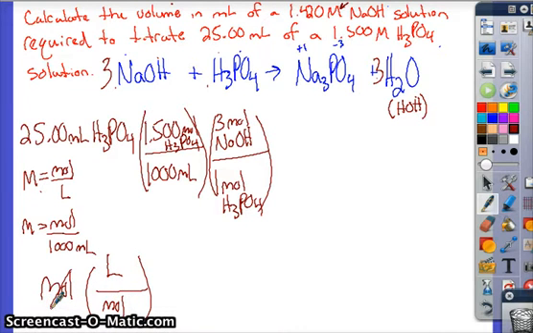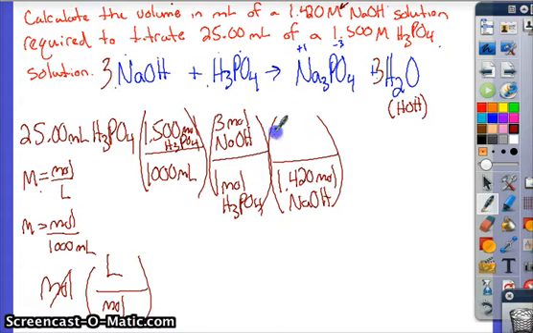So we can take our molarity for our sodium hydroxide, place the 1.420 moles of NaOH on the bottom, the 1,000 milliliters. I'm choosing to use milliliters because the problem's asking for milliliters. If it wasn't asking for milliliters, you could leave the top as 1 liter as opposed to 1,000 milliliters.